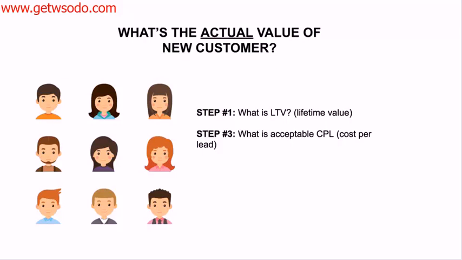So a lot of them are not used to spending money to acquire leads, and they're also not used to a lower close rate, because it's a cold audience now, so it responds differently. It's important for you to set the right expectations, and in order to do that, you really need to understand what the lifetime value is. And once you get that, then you can really know what is an acceptable cost per lead.